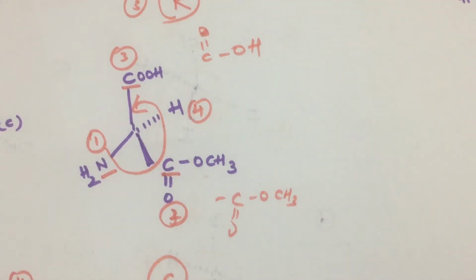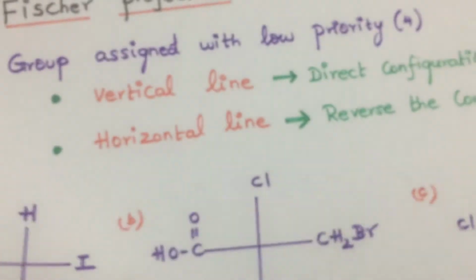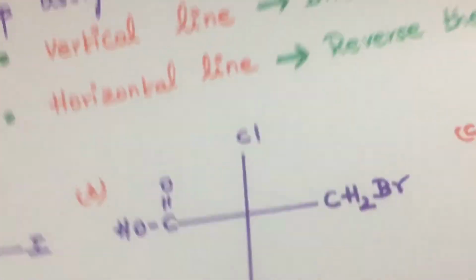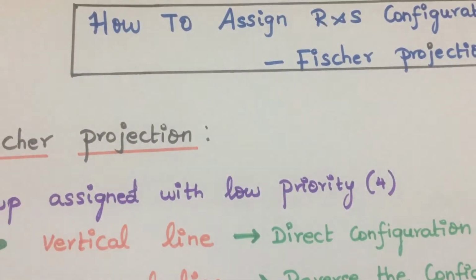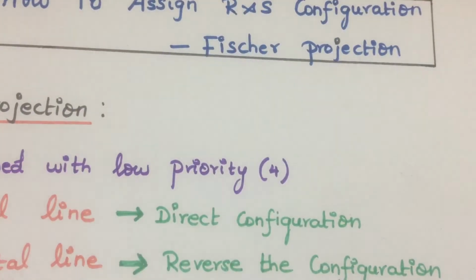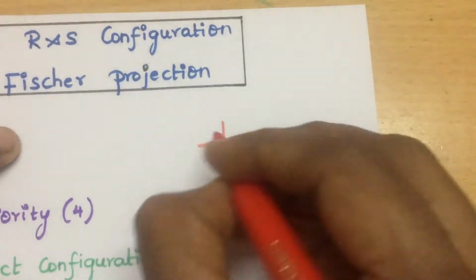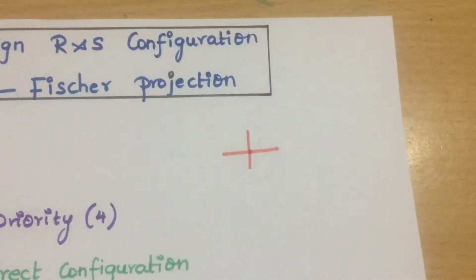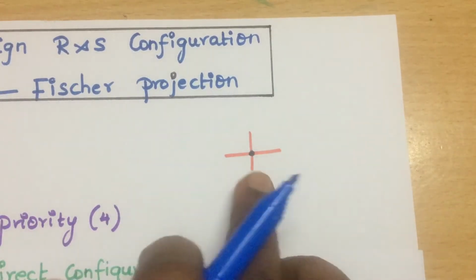Clear, students? Now I am going to explain for Fisher projection. This is very easy, and everybody can do this. What is a Fisher projection? We represent it in this way. The center is a carbon, and the four valencies are depicted in this way.